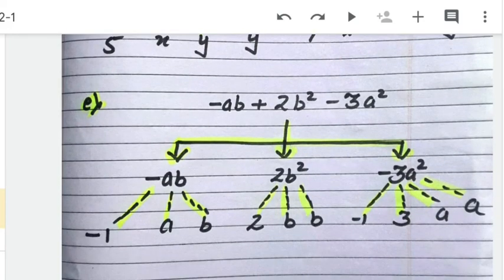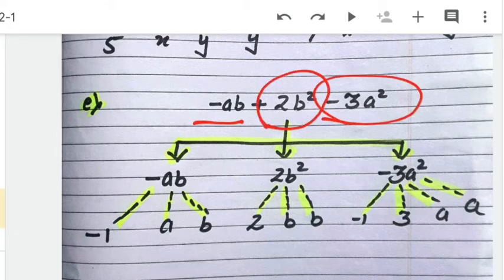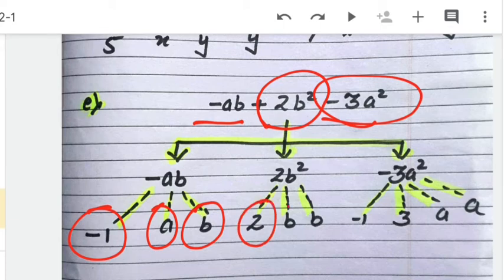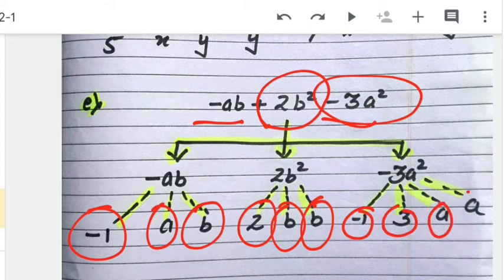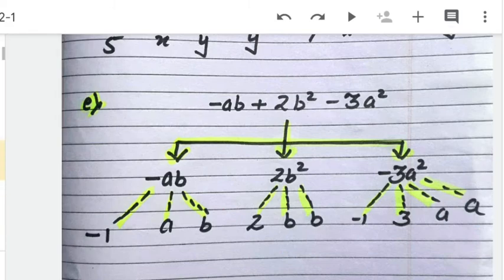Similarly, you can see the last part, we have three terms: minus ab, 2b square and minus 3a square. The factors are minus 1, a and b; for the second term the factors are 2, b and b; and the factors of the third term are minus 1, 3 and a, a. I hope this is clear to you all.